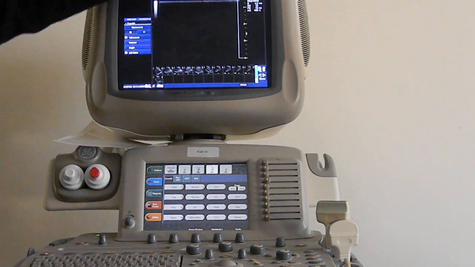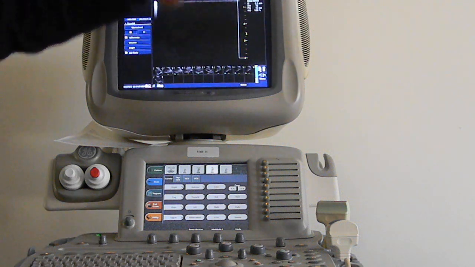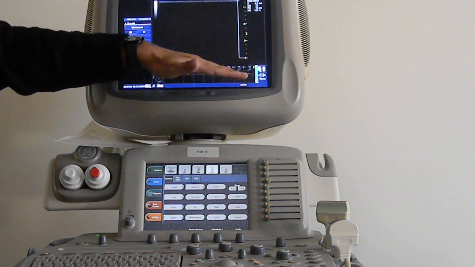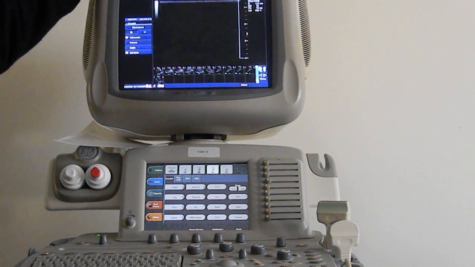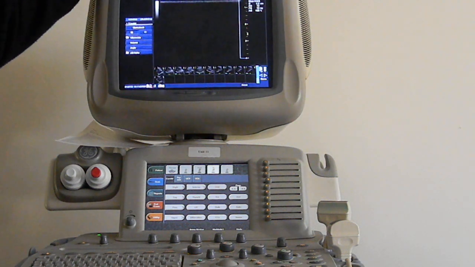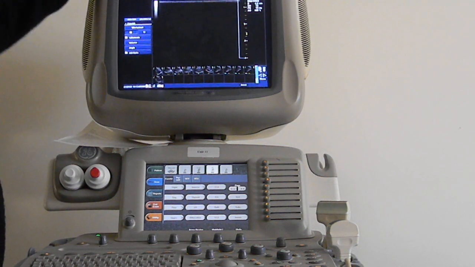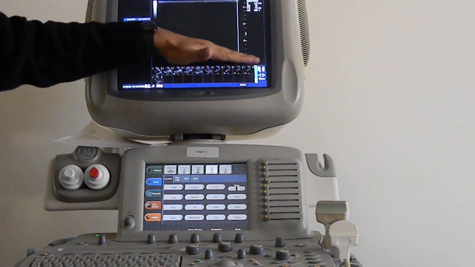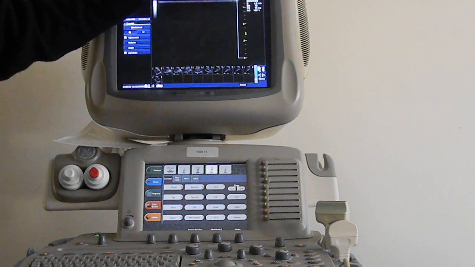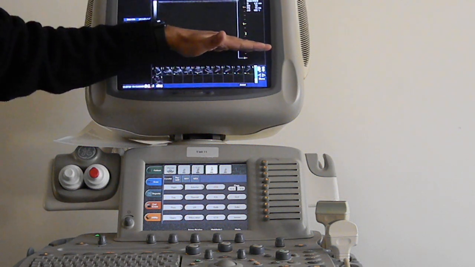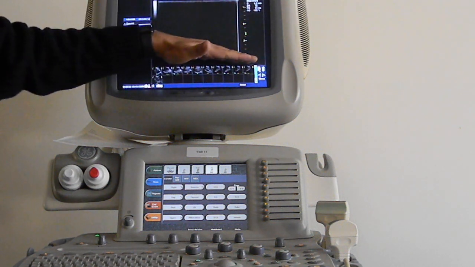So this is what we will call depth. Now, in ultrasound physics generally, our terminology is that this is what we call depth, which can also be referred to as depth of field.